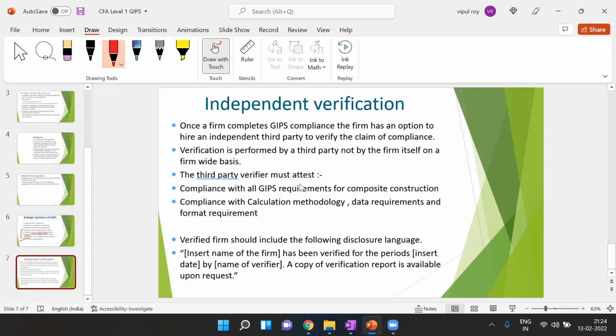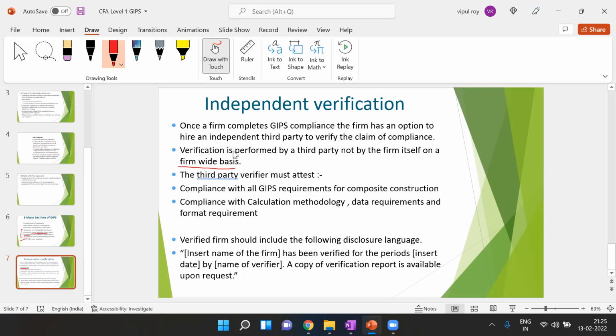It has to be done by a third party and it cannot be done by the firm itself. And this verification has to be done on a firm-wide basis. You cannot do this verification for individual composites.